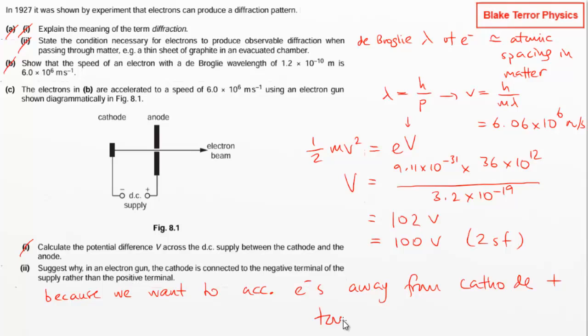Otherwise, they're not going to go anywhere, are they? If that's the positive terminal, then they're just going to stay where they are. Right, okay, so that was another fairly straightforward affair, that one.